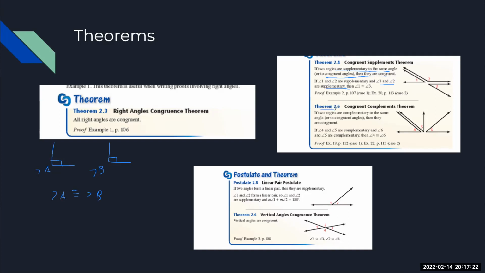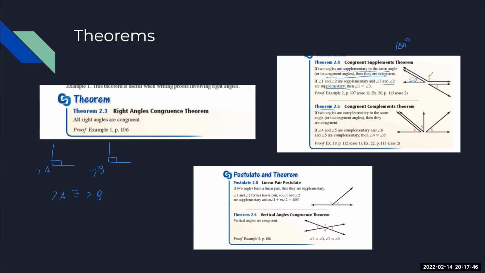For theorem 2.4, it makes sense because if two angles are supplementary to each other, they add up to 180 degrees. Let's say angle 1 is 50 degrees.